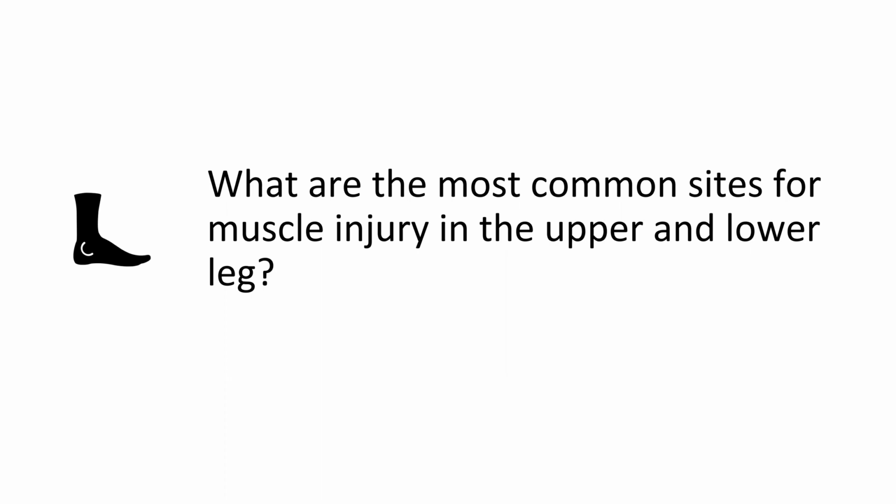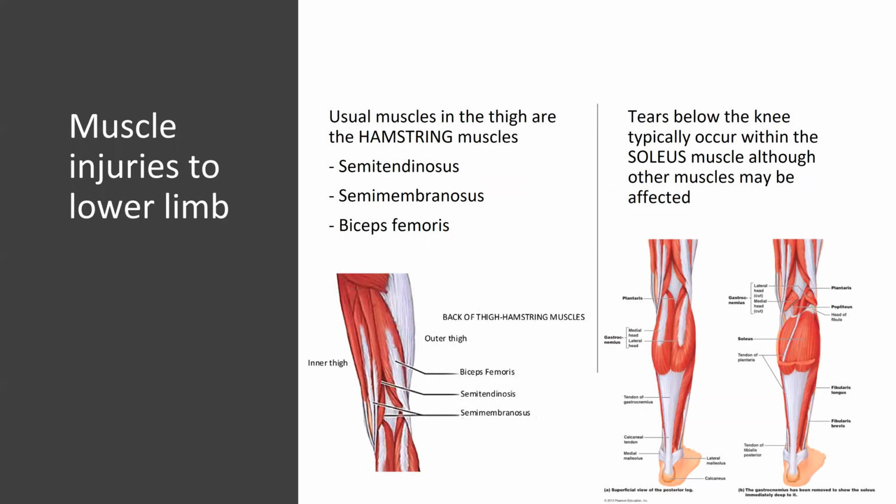So if you talk to athletes, you'll hear a lot of them talk about how they pulled a hammy. So your hamstring muscles are your semitendinosus, your semimembranosus, and your biceps femoris. So that's the majority of injuries to the upper lower limb, I guess your thigh area.